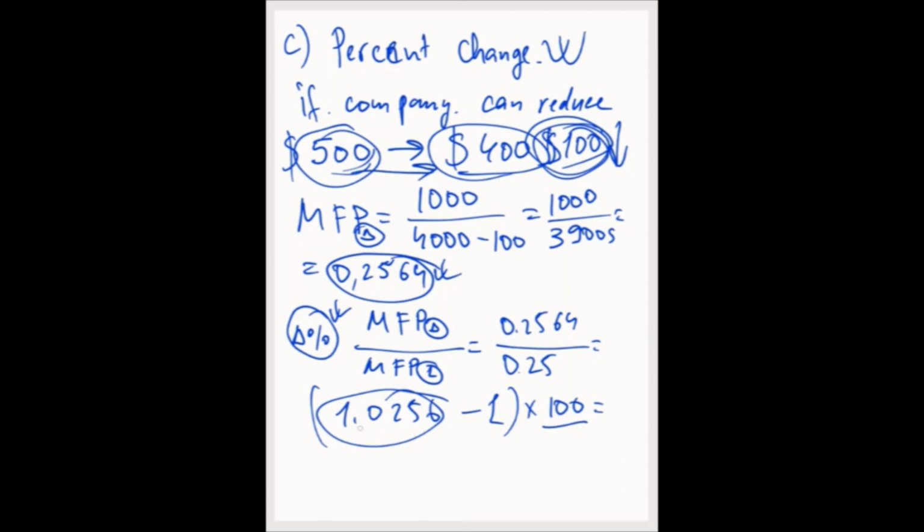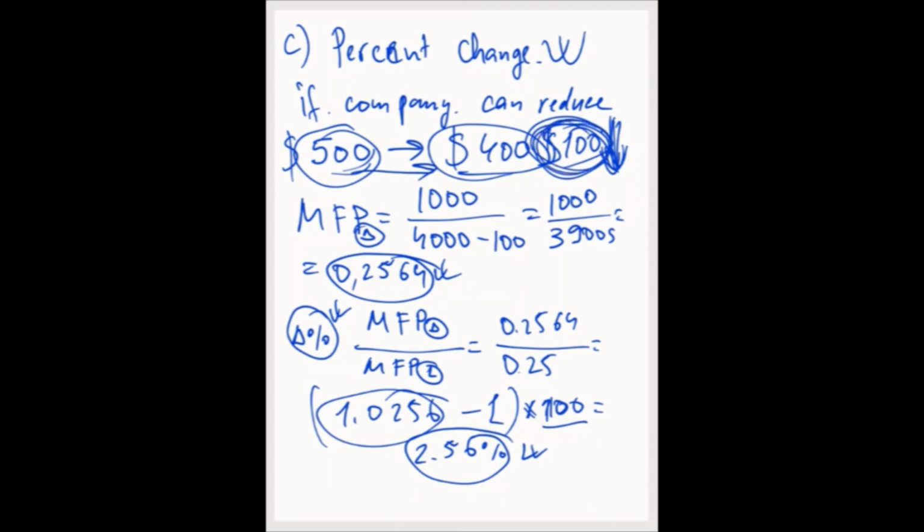So 1.0256 minus 1 multiplied by 100, we can achieve 2 point percentage change.